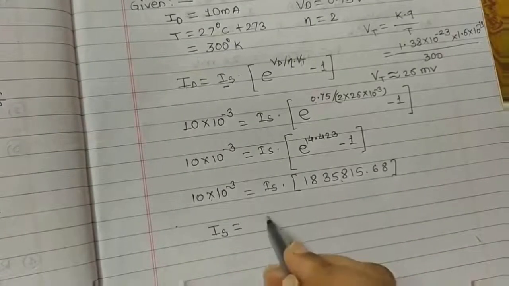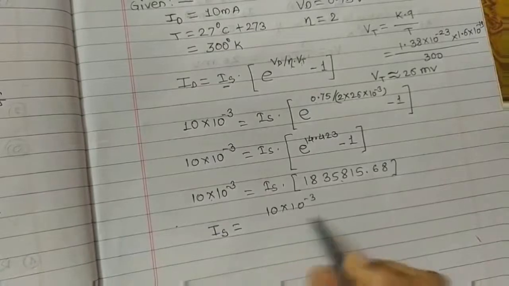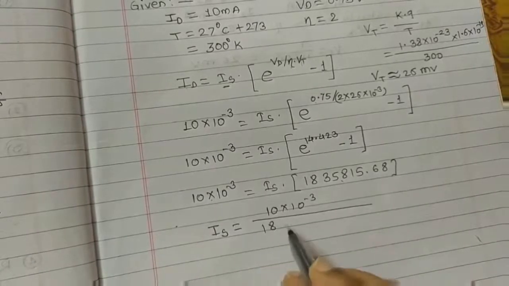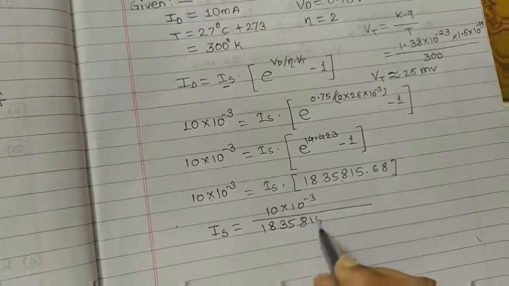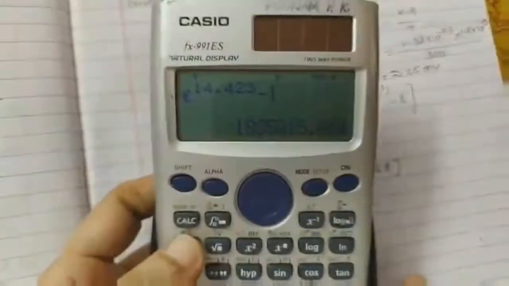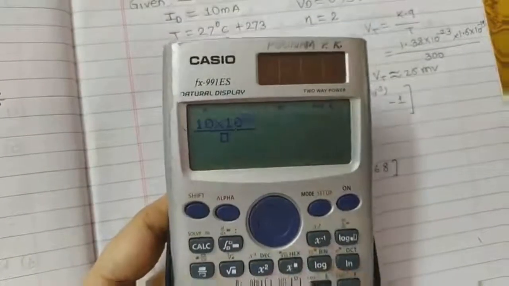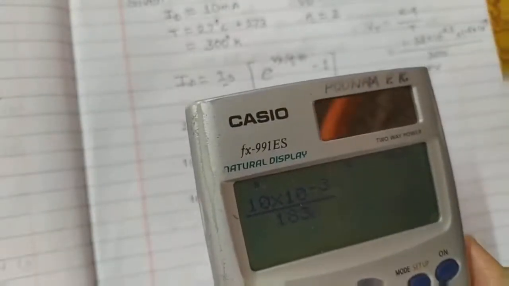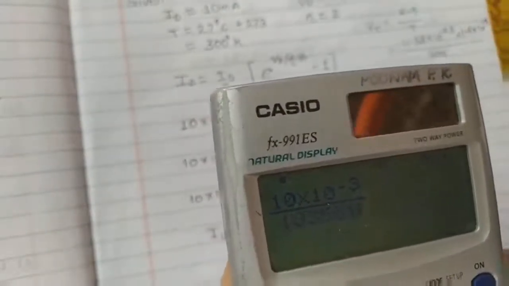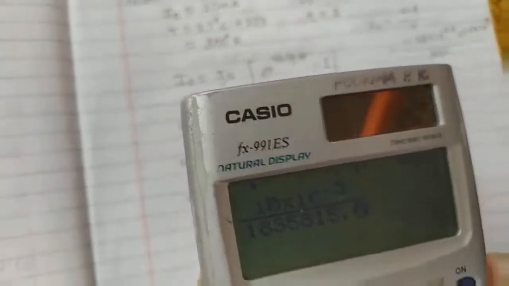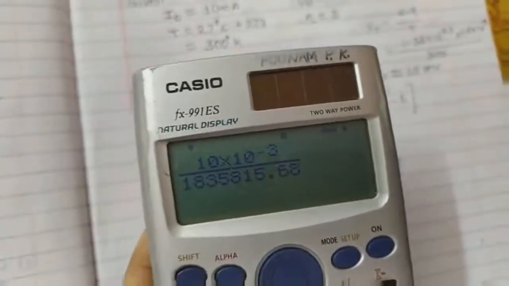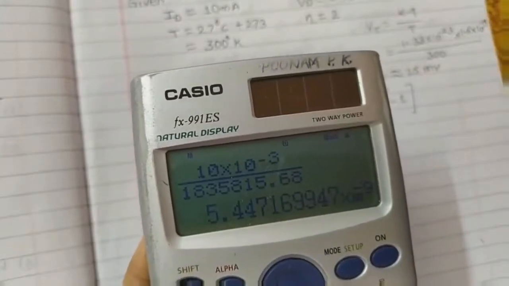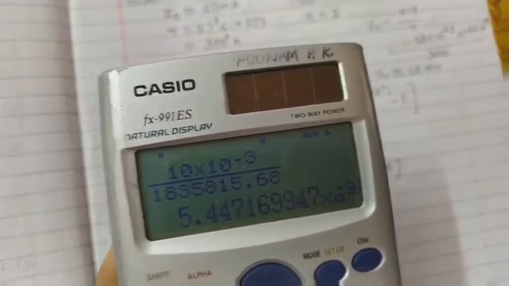So IS will become 10 into 10 raised to minus 3 divided by 1835815.68. We can do that on the calculator. It is equal to 5.44 into 10 raised to minus 9.